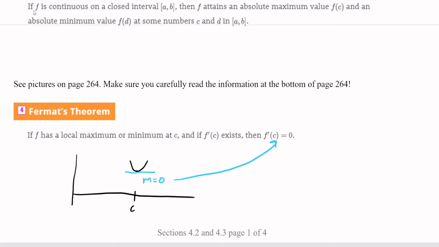That's the idea. I can try to go backwards here. And so this gives us an actual, real way to find local maxes and mins. We take the derivative, we set it equal to 0, we go find a C that works here, and we may have found a local maximum or minimum.